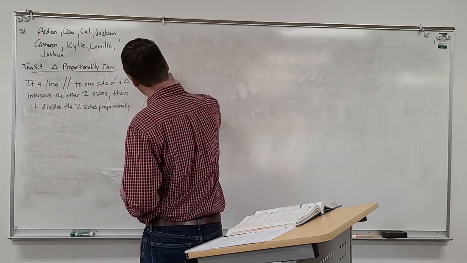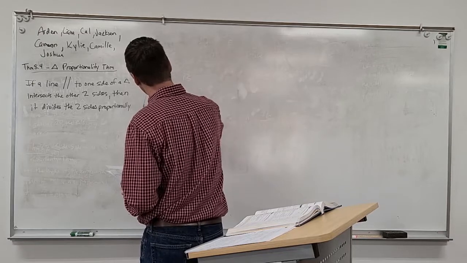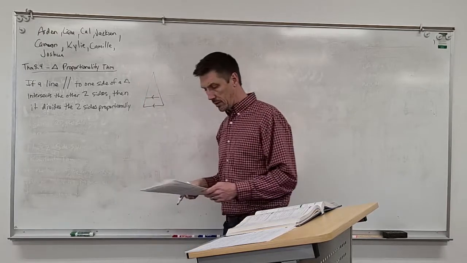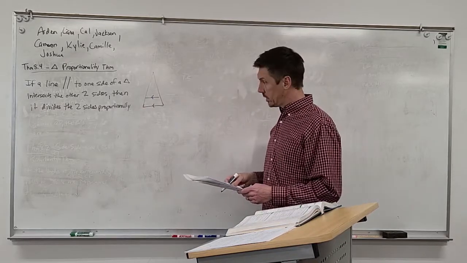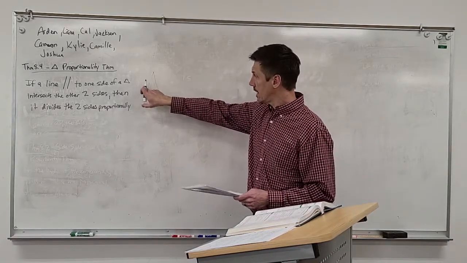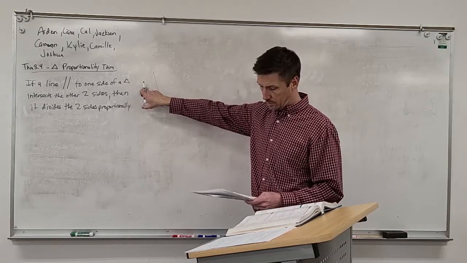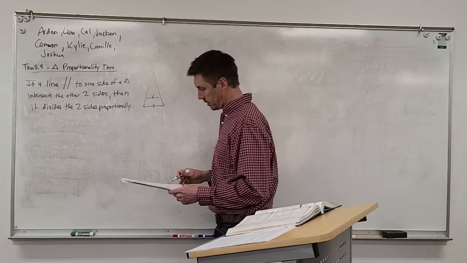We have a triangle that looks like this, and we know that these two lines are parallel. Then we know that these sides, this triangle here, let me just write it down.